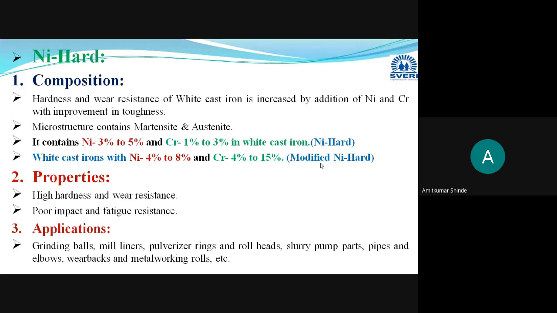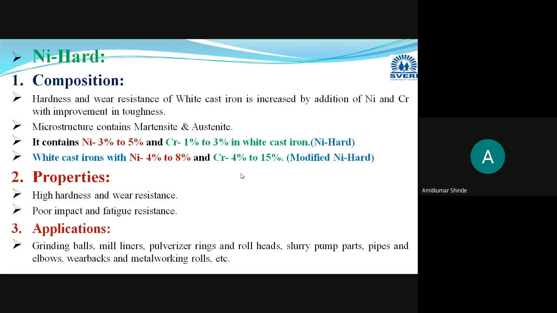It can absorb more shock also, meaning impact resistance is improved. What is the difference between nickel hard and modified nickel hard? The modified nickel hard provides somewhat better impact resistance, and due to the formation of more chromium carbides, it provides higher strength and higher impact resistance values.